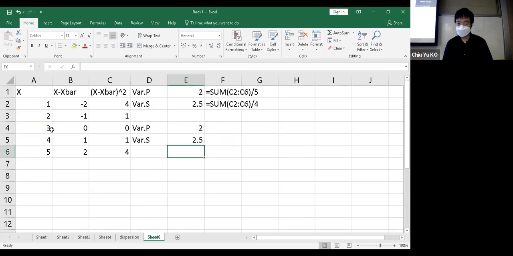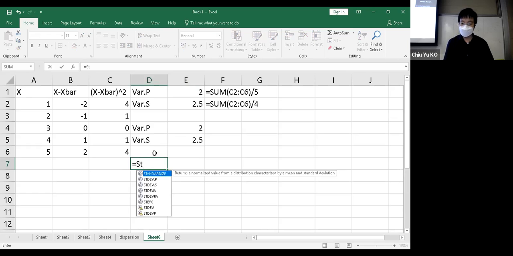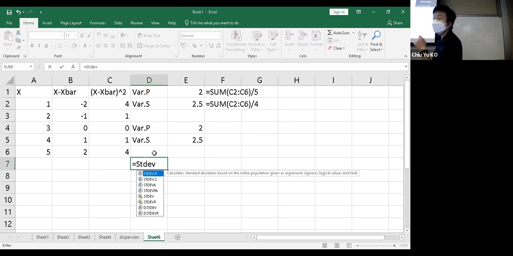Now I want to show you the other one, which is SD, STDEV, standard deviation.